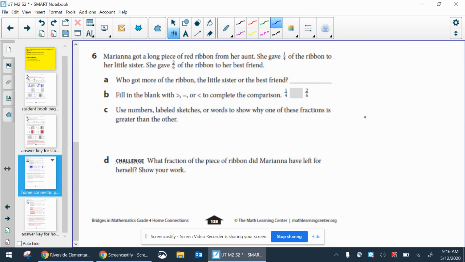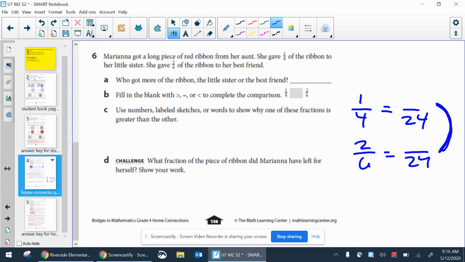That would be 24. So you would want to find an equivalent fraction in 24ths. And after you do that, you could compare your numerators because your denominators are the same. And then that would tip you off to which is the smaller and which is the larger fraction.